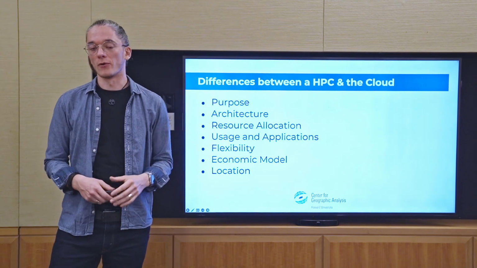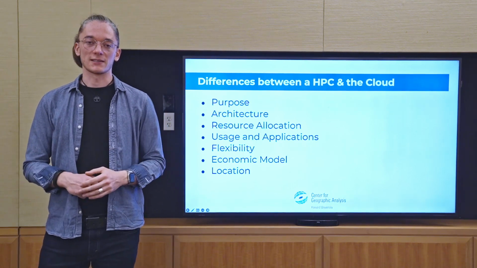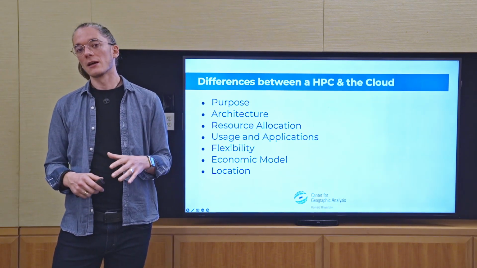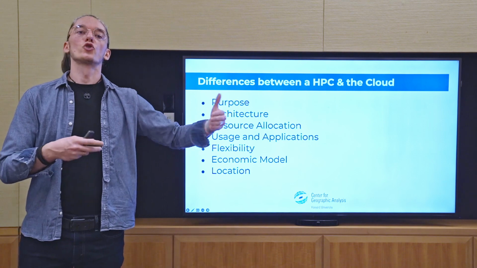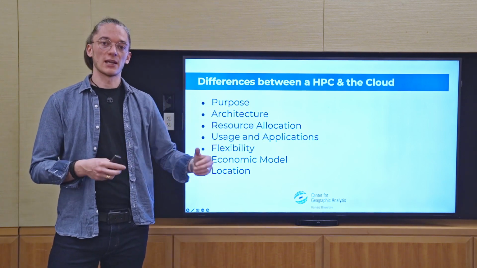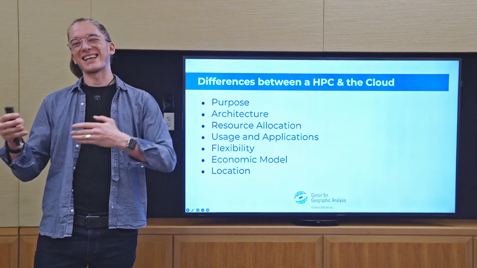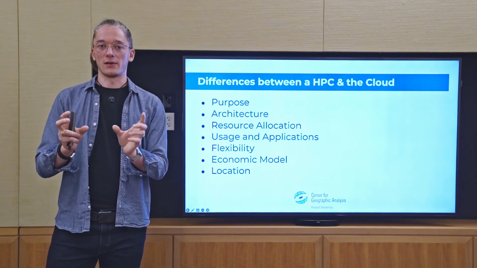So this is what Microsoft Azure or Amazon AWS does. Now, a high-performance cluster wants to scale to problems and to research questions and to tasks, but probably not as dynamically as you have in a cloud infrastructure.